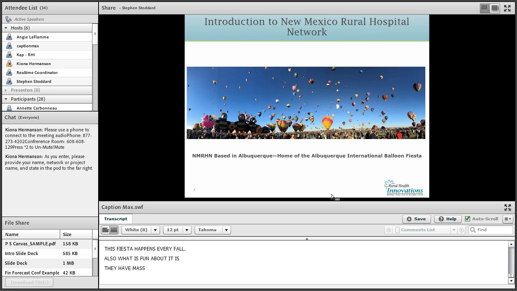That happens every fall. This is a picture I took of the International Balloon Fiesta. Of course, we have a lot of sunshine, a lot of blue skies. This fiesta happens every fall. And also what's fun about it is they have these mass ascensions in the early morning where 550 hot air balloons will literally take off within a very short time frame.